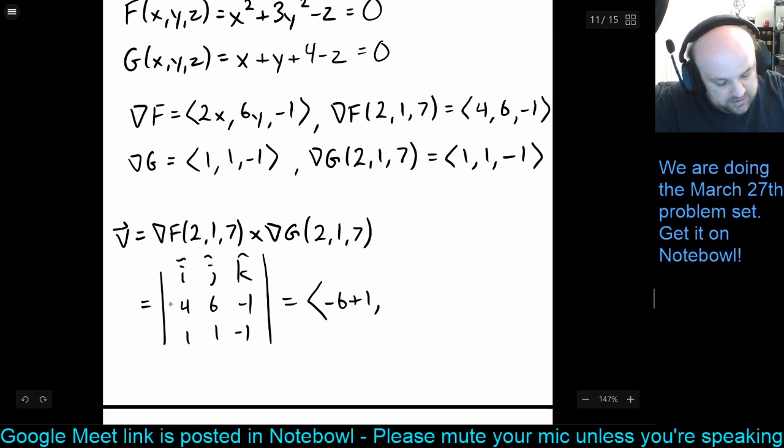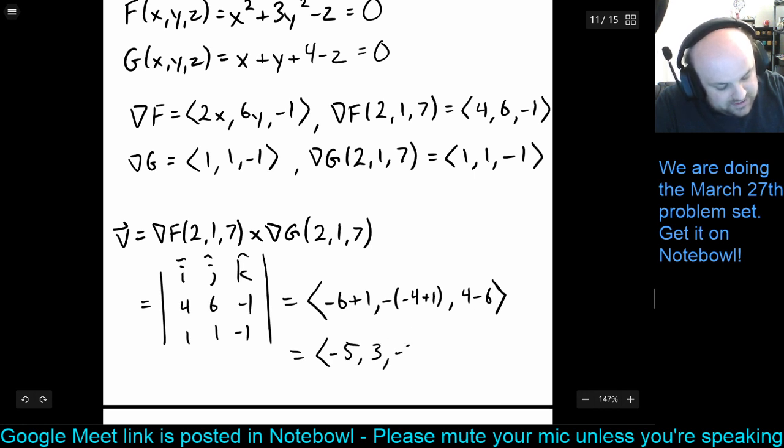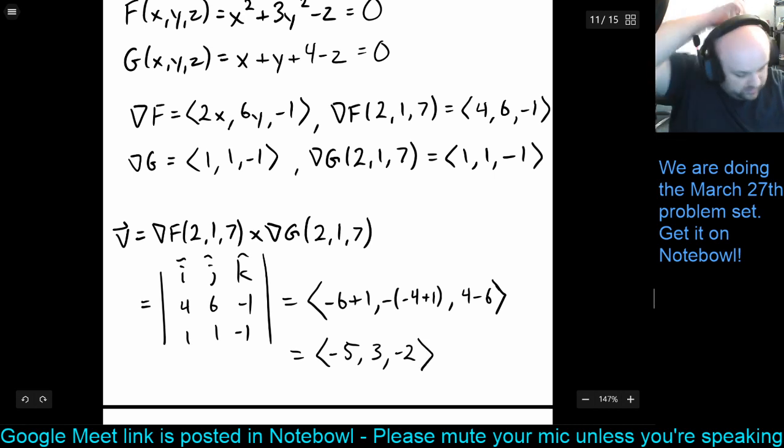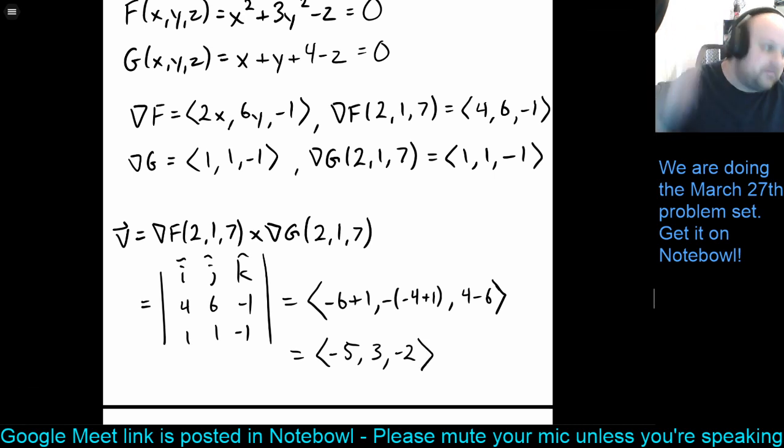Let's see, do this one. We're going to have negative of negative 4 plus 1. And 4 minus 6. So this is going to be (negative 5, 3, negative 2). Right? I think I did that right. Yep, should be good.